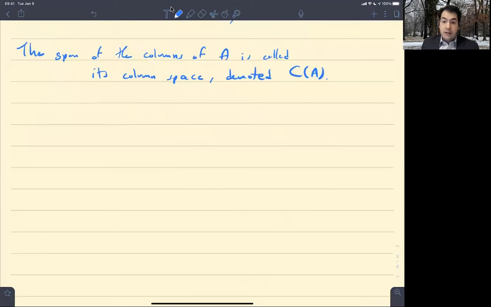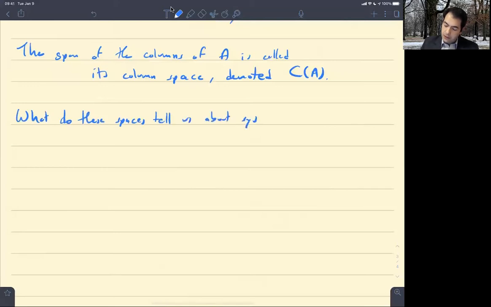So everything ultimately comes down to systems of linear equations. So what does this tell us about systems? What do these spaces tell us about systems of equations?